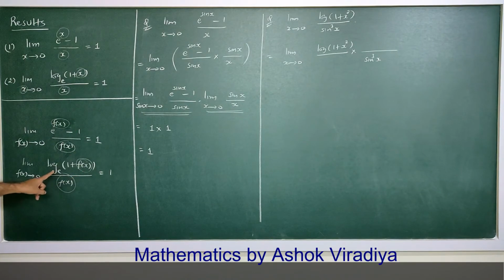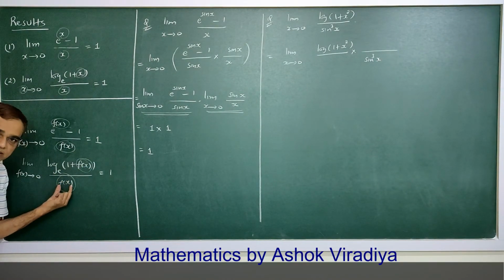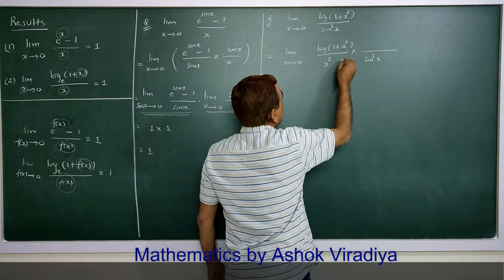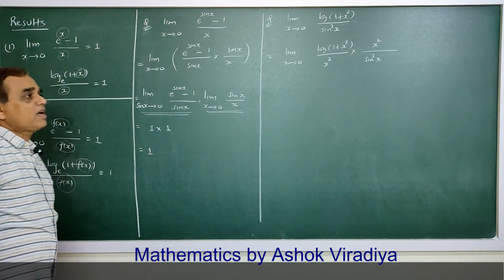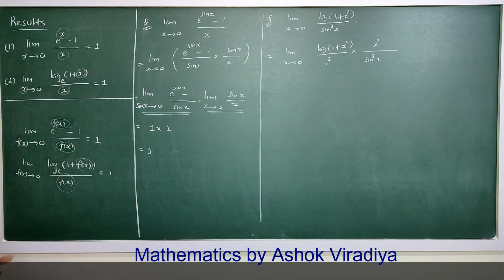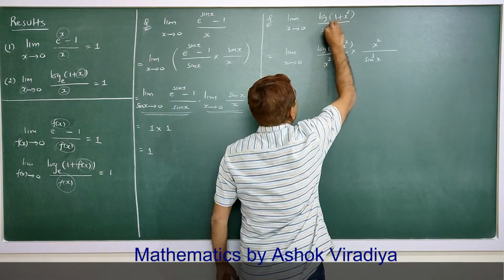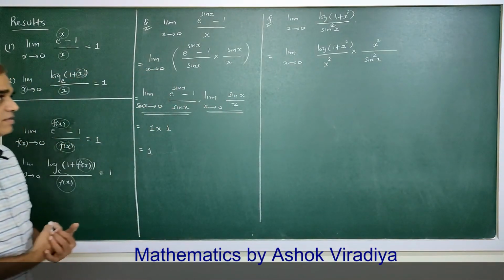Now to set this pattern, x square is given, so we need x square here. So I divide by x square and multiply by x square. Here a correction is required: this should be sin square x.